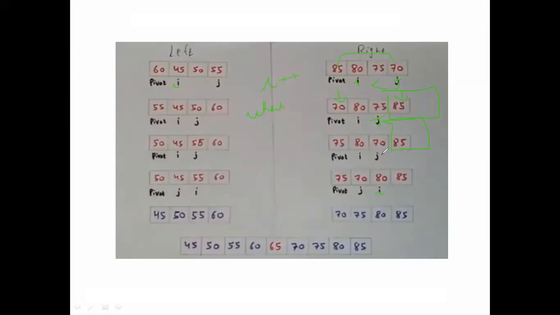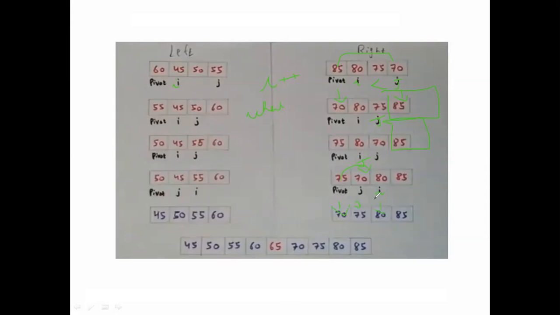Then compare with j: j is 70, and 70 is less than the pivot, so j stops here. Then 80 is greater than the pivot, so stop here. i is less than j, so swap. Then the pivot and element change places, and 80 is here. In this way, we can do the quicksort algorithm.